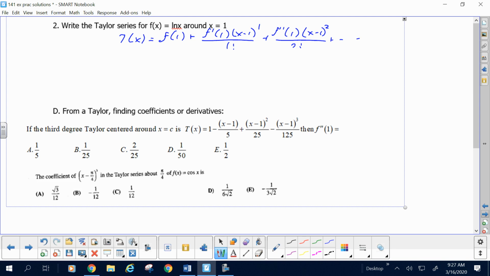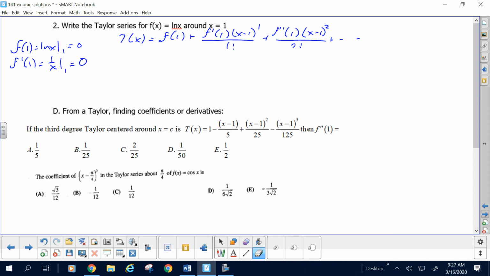So gathering the functions in an organized way, I would say f at 1 is natural log of x at 1, which is 0. F prime at 1 is 1 over x at 1, which is 1. F double prime at 1 is negative 1 x to the negative 2 at 1, which is negative 1.